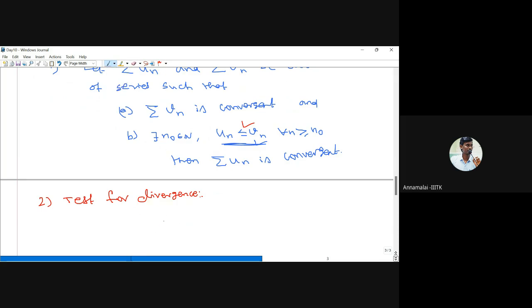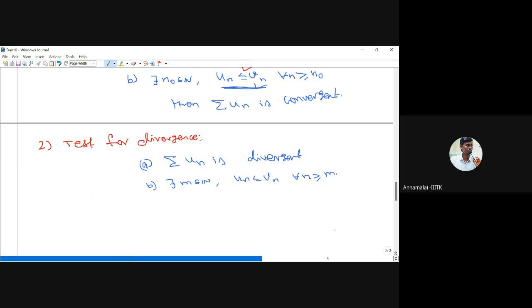So what is the test for divergence? Same story as in the beginning. Suppose summation un is divergent, and suppose there is some m in N such that after this stage, all the uns are less than or equal to vn for every n greater than or equal to m.